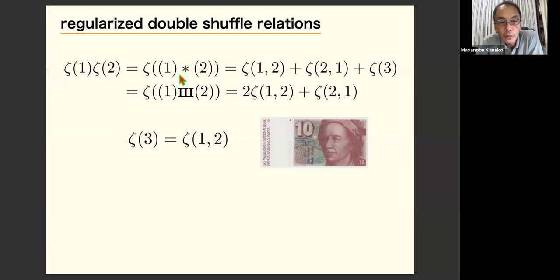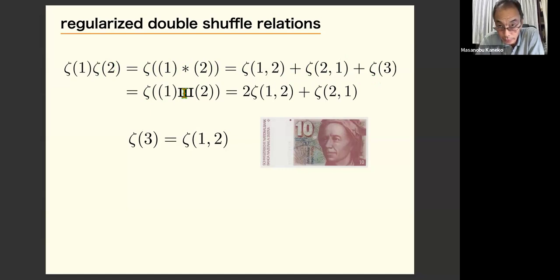So the series product, zeta 1 times zeta 2, is zeta 1, 2 plus zeta 2, 1 plus zeta 3. But this zeta 2, 1 is divergent. So in a sense this is not the actual identity. But let's proceed. So this is an integral.